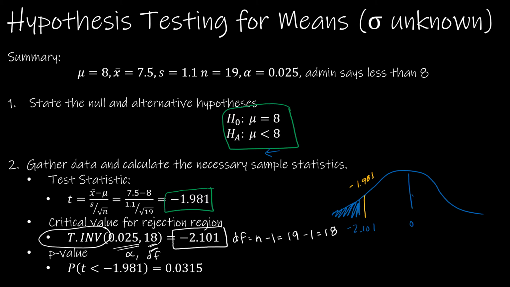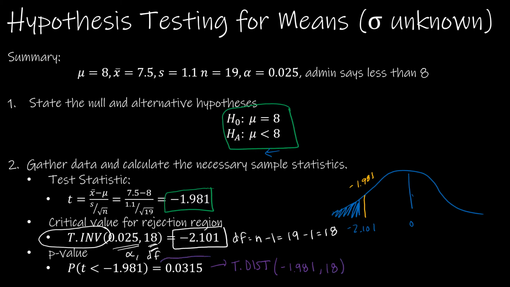The p-value is finding, again, and I should have written this on the slide, but this is now a t-dist, and it's, again, t-dist to the left, so it's okay to do t-dist. And then we're going to use negative 1.981, and then the degrees of freedom, which is 18.